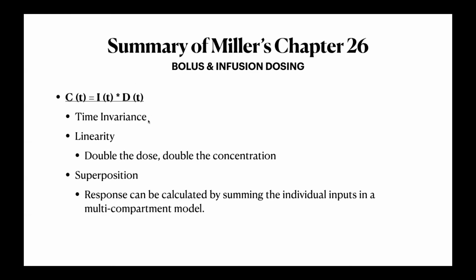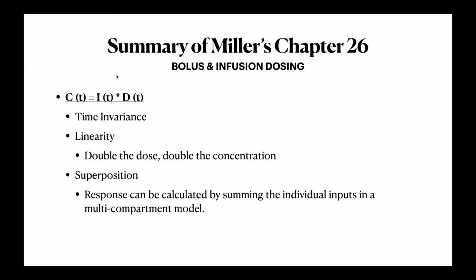And that has time invariance, and it also has linearity. So if you double the dose, you double the concentration. It's got another property called superposition, which means that the response can be calculated by summing the individual inputs in a multi-compartment model. That is represented by the different exponential decay functions, A, B, and C.